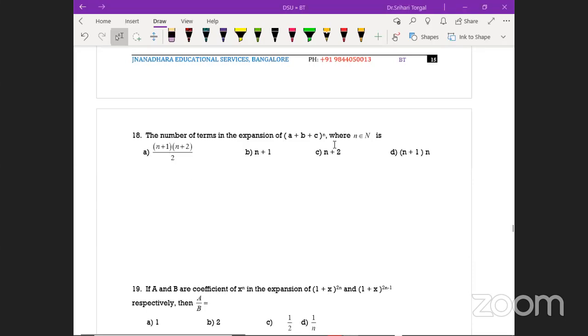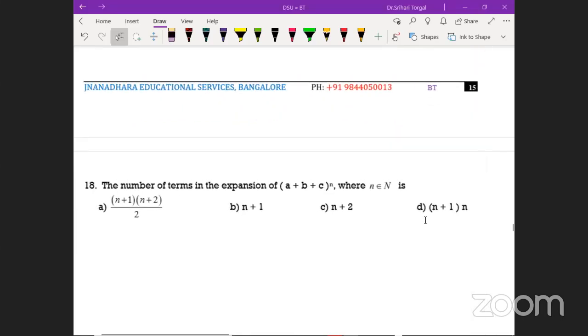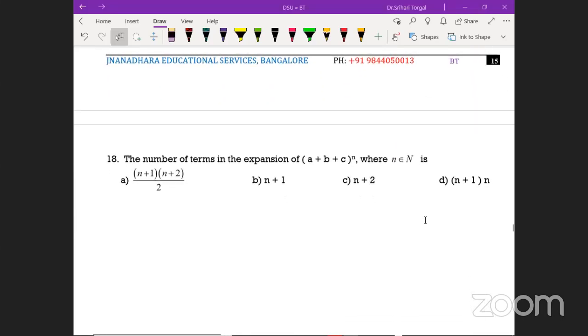Good. All are answering that A and B. Okay, let me explain this problem, question number 18. It is very simple. See here.